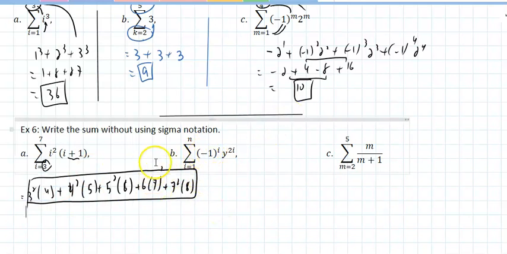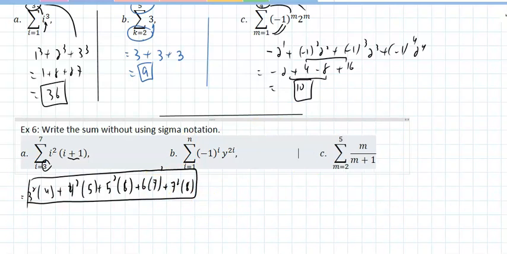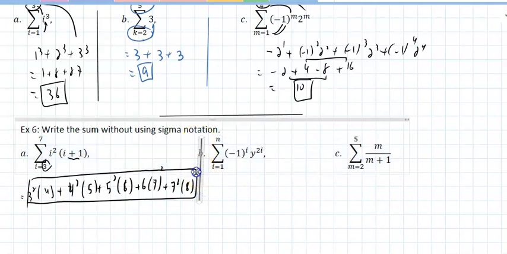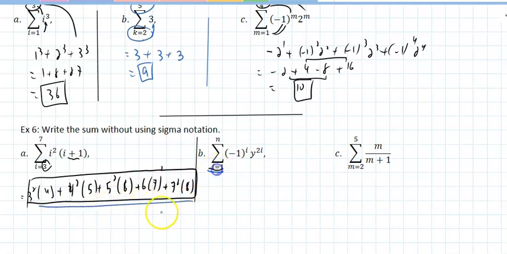How about B? I'm going to start with i equal 1. So that's going to be, actually, I'm going to put it right here. I'm going to say that's negative 1 times y squared.